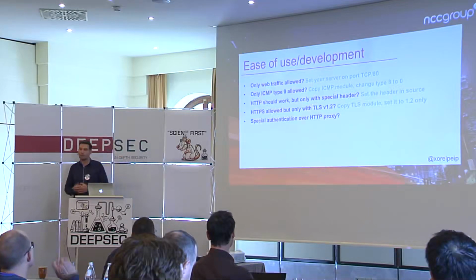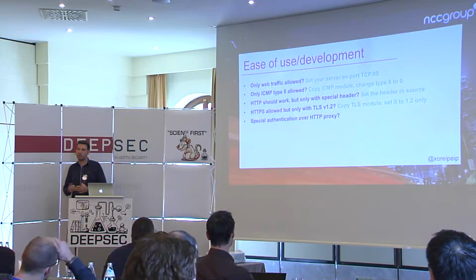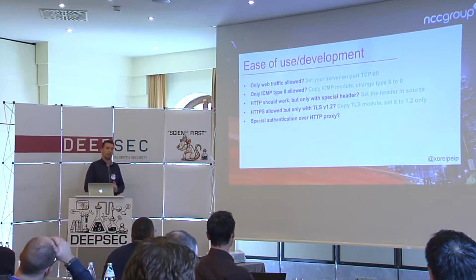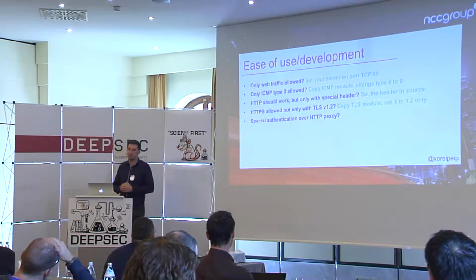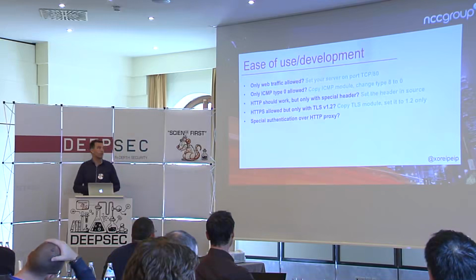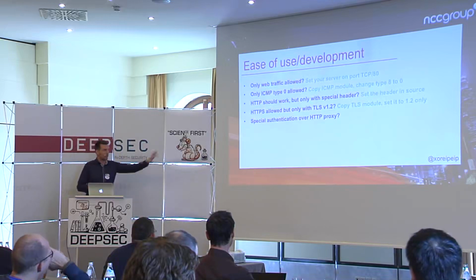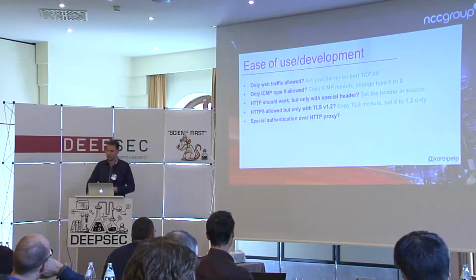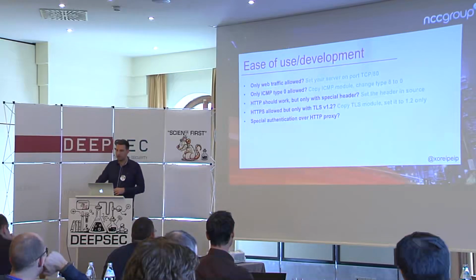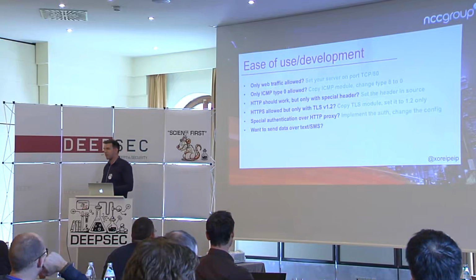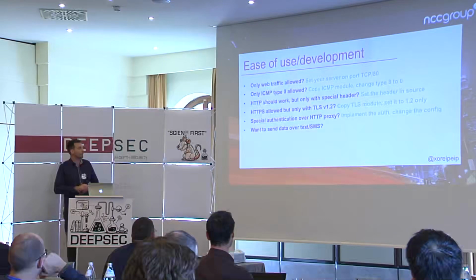If there is some kind of special authentication like Kerberos needed over the HTTP proxy, you create your Kerberos authentication module, and you just insert it into the framework, and you should be good to go. That's the theory part, but it is going to work, and Kerberos authentication is not that easy to do, but there are some Python-based Kerberos authentication libraries out there already.